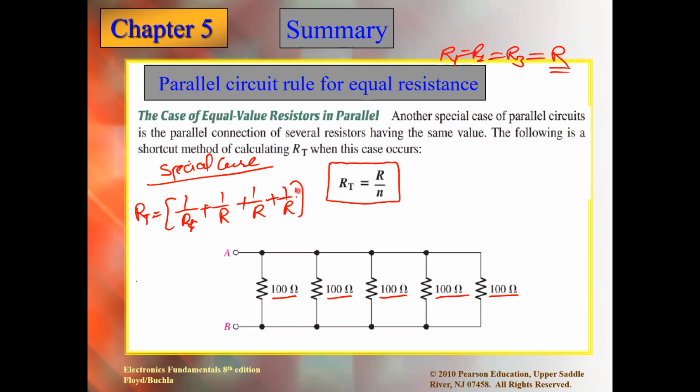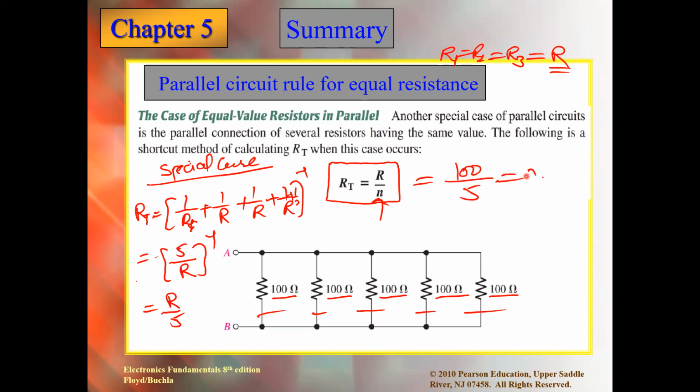When you add it, you will get this one inverse, and when you finish this inverse, it will be like that. So now what is n here? The number of resistances. How many resistances do we have? 1, 2, 3, 4, 5. So the formula will be 100 over 5. How much will you get? 20 ohm. Clear now? Clear.